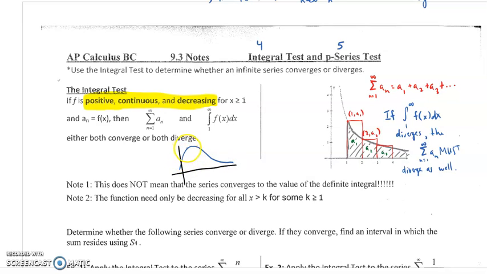Okay, so it's increasing for a while, but eventually for some k value that x passes, like perhaps right here, this might be k, from k on, whether that's 1 or some other finite value, if our function is positive, continuous, and decreasing, then we can still use the integral test, because what happens in finite land is irrelevant, because any finite value is not going to change another finite value to infinite, and it's not going to change an infinite value to a finite value. So just keep those 2 points in mind.